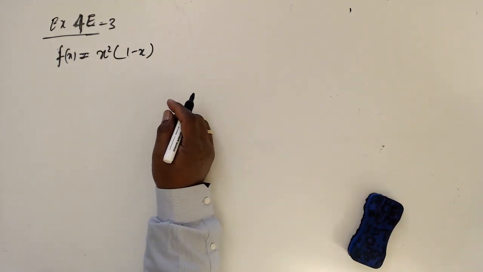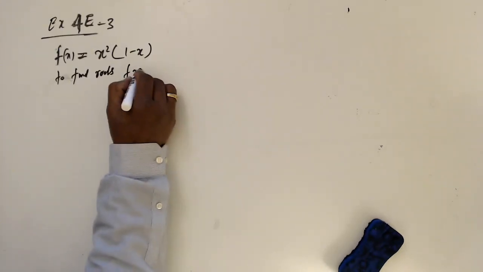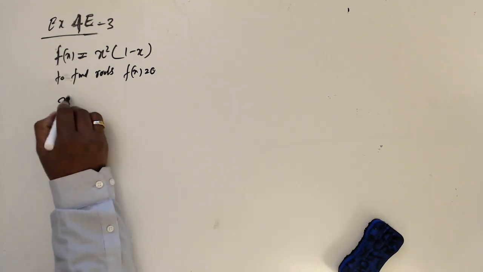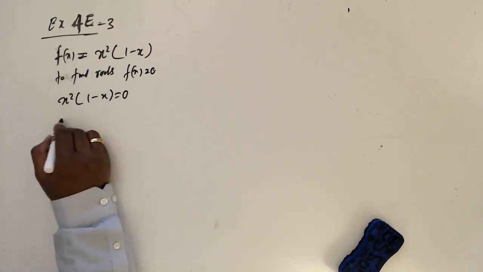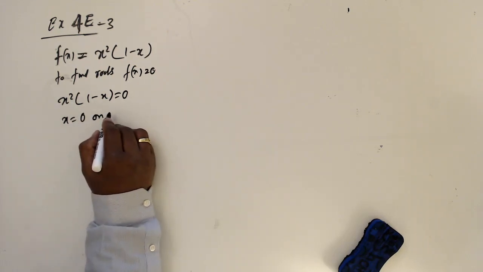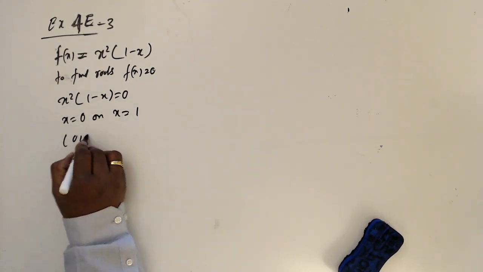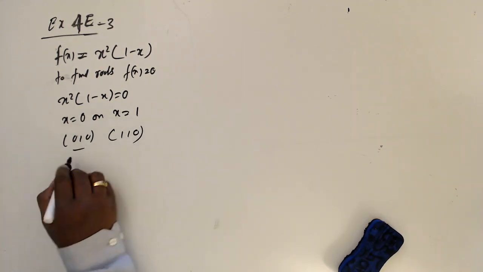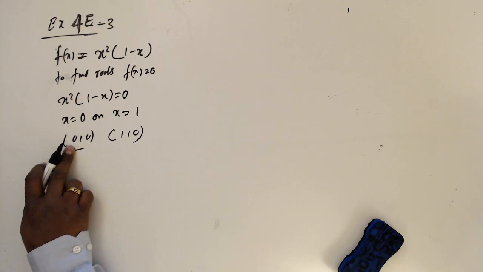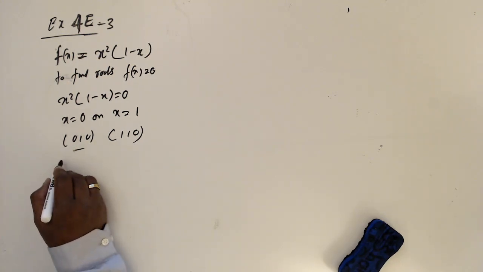First of all, we'll sketch the curve. A value greater than 0. To find roots, f(x) equals 0, then x squared (1 minus x) equals 0, x equals 0 or x equals 1. 0, 0 is a repeated root, 1, 0 the other one, y equals 0, so we don't need to worry.